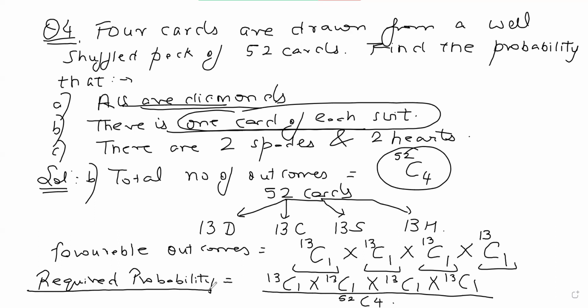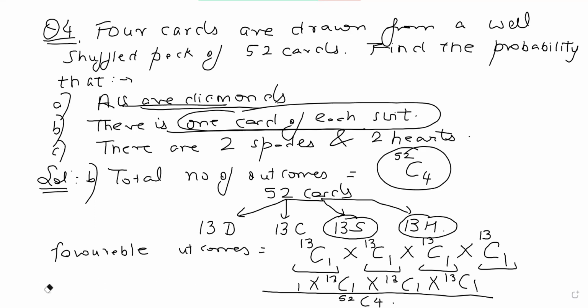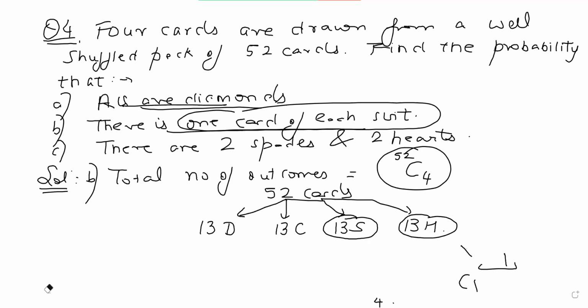And now part C, there are 2 spades and 2 hearts. Now I need 2 spades out of 13 spades and 2 hearts out of 13 hearts. My total number of outcomes are still 52C4. What are my favorable outcomes for part C?